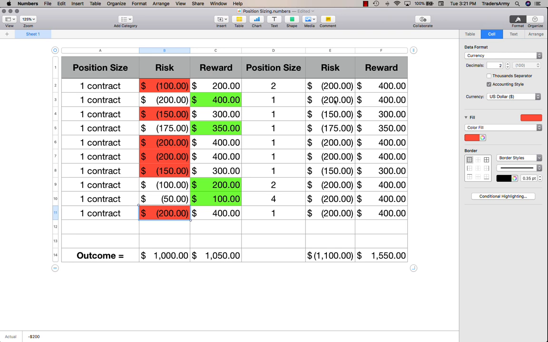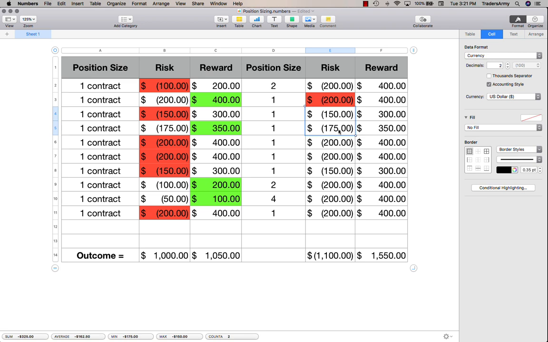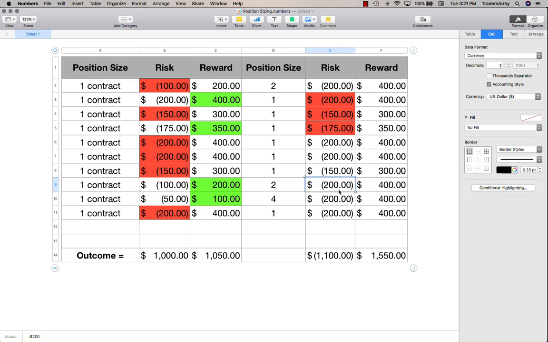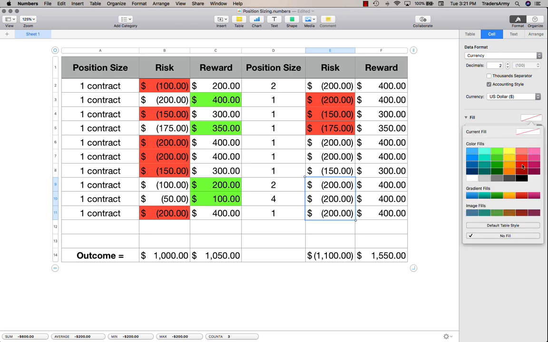Let's say that we lost on trade number 2, and we lost on trade number 3 and 4. Let's go with that. Why not? And let's say that we lost on these last 3 as well. So we'll just kind of mix it up a little bit.